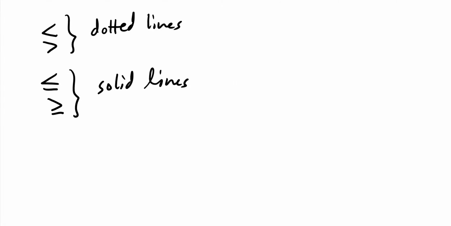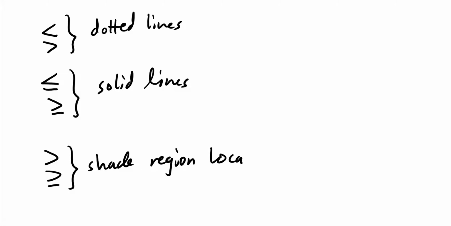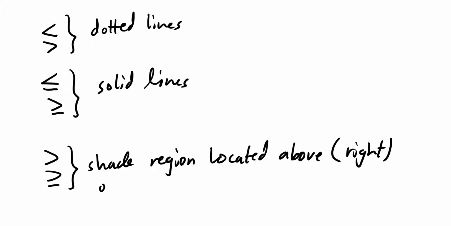Again, if we have bigger than or bigger than or equal, we shade the region located above the line, or to the right if it's a vertical line. Line means straight line here.